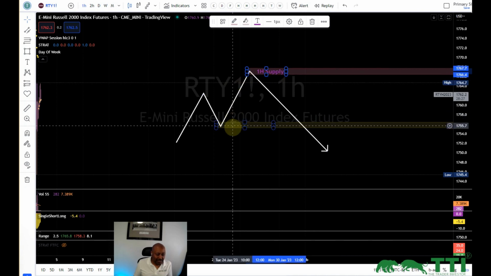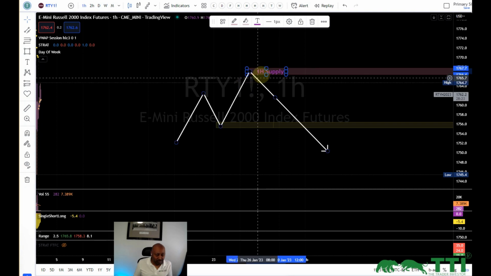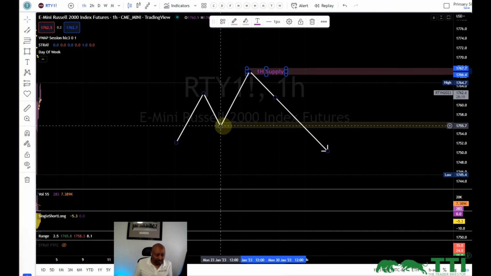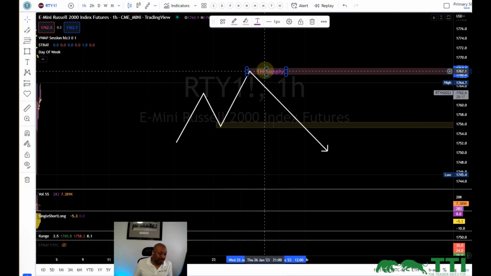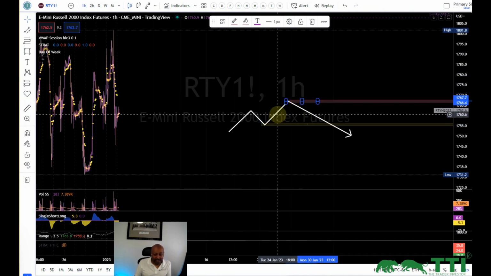It's the same thing, right? It's when price rises and drops, that peak area or the bottom of that valley, that's where your supply and demand is. It's really that simple. That's really how you should look at it.